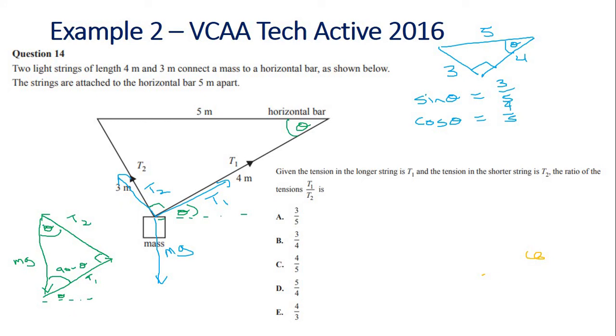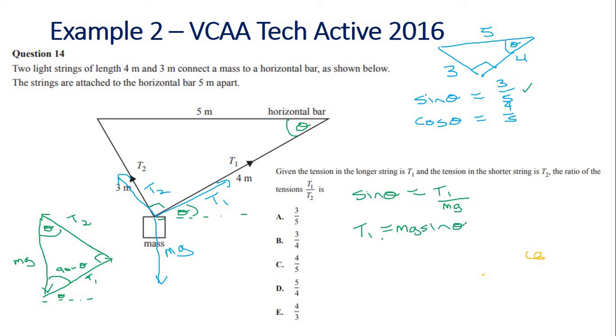I'm going to focus on theta because that's easier than having to deal with 90 minus theta and think about symmetric properties. So focusing on theta as my angle, sine of theta is going to be equal to the opposite side, which is T1, divided by the hypotenuse, which is mg, my weight. So that means that T1 equals mg sine theta.